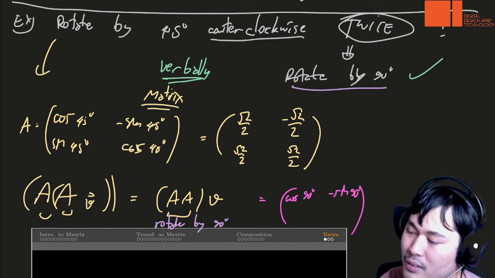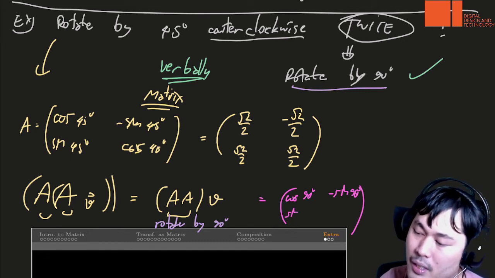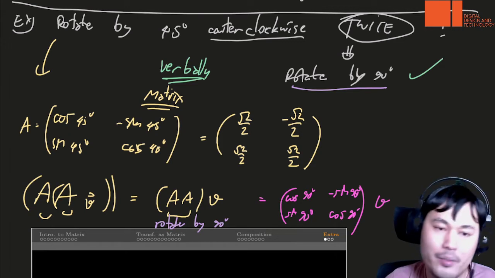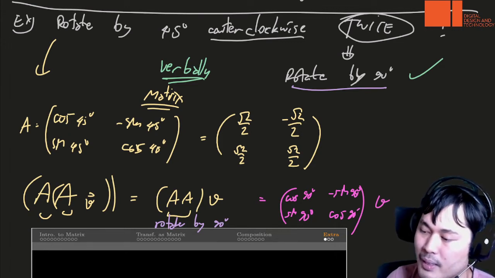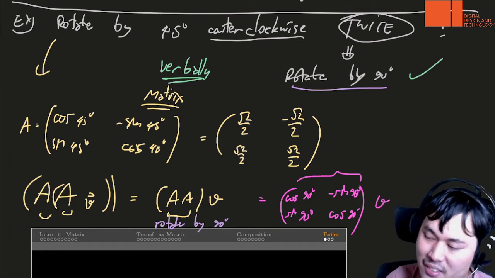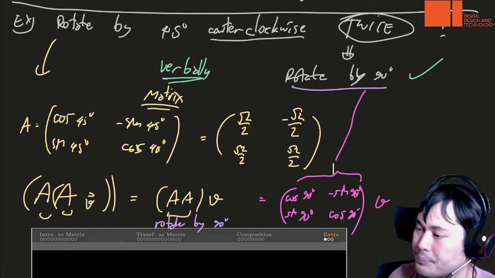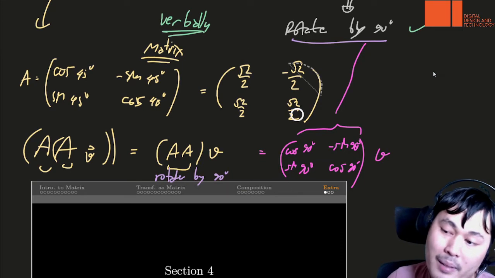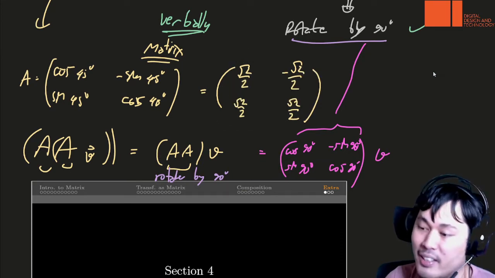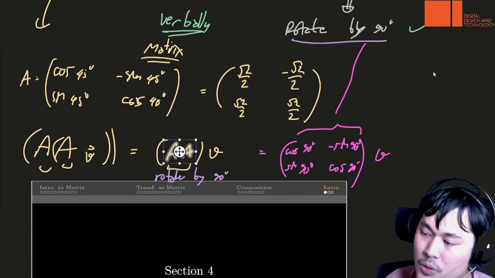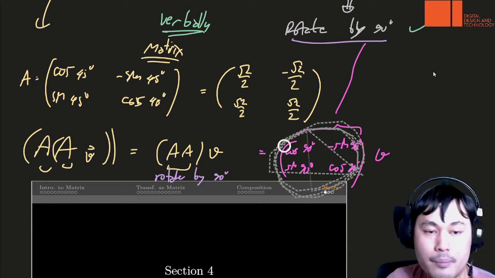But if it is the rotation by 90 degrees, then it should look like that matrix, because by definition, this is exactly the rotation by 90 degrees. So that means if we multiply A by itself correctly, the result should be this matrix.